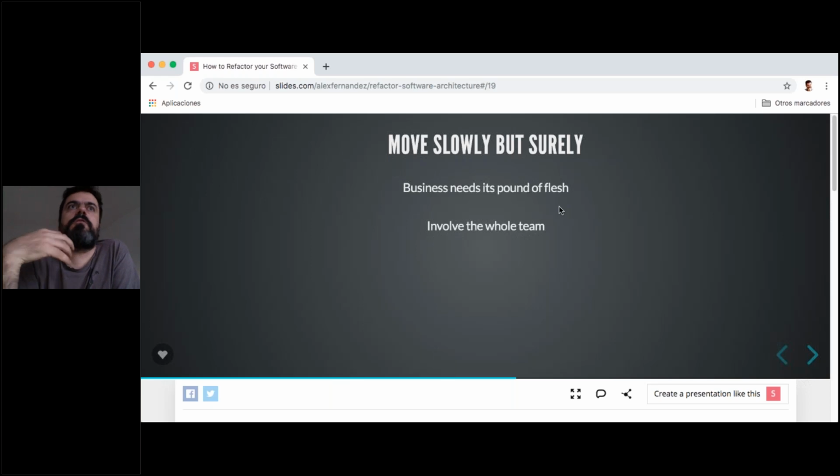And they also will probably have a lot of good ideas. That's been my experience always. So if you involve them, they are going to embrace the changes with more enthusiasm than if you just pile them upon the team.